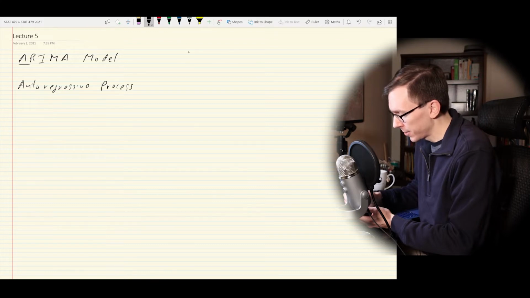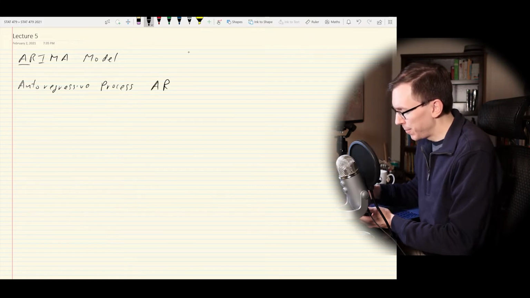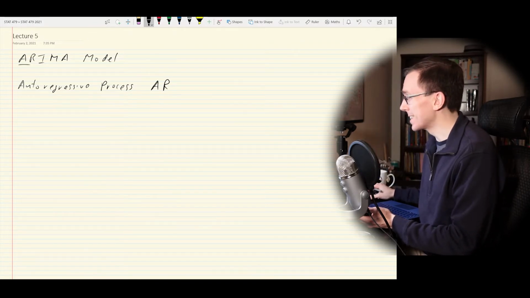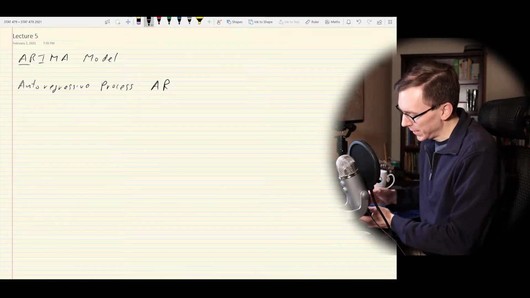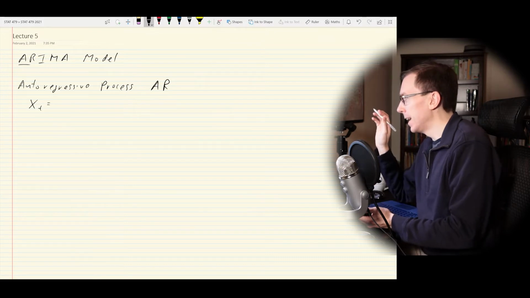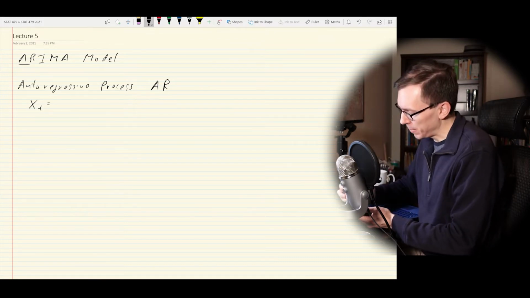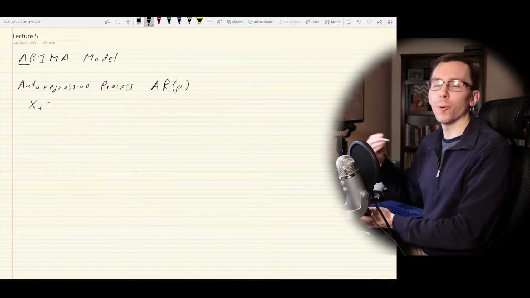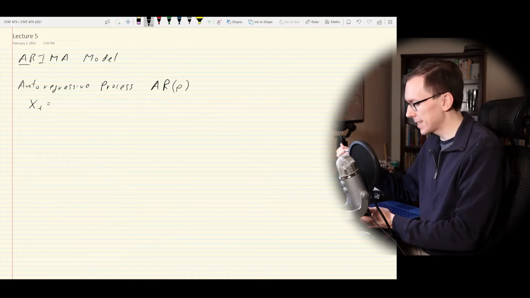We did see this already, but now we're going to go through it in a little more formality. We can define X_t to be an AR(p) process, a pth order autoregressive process.